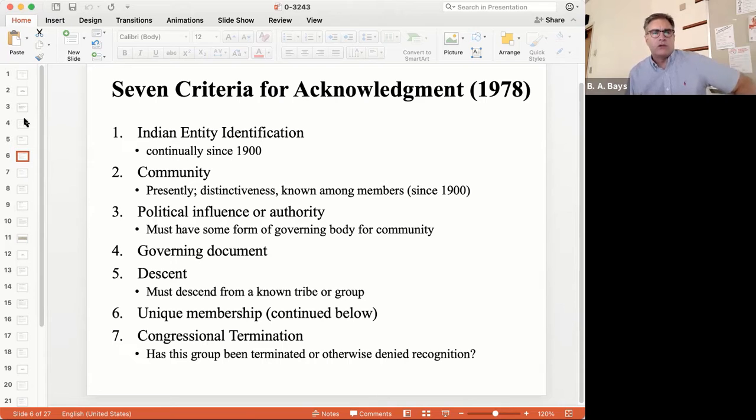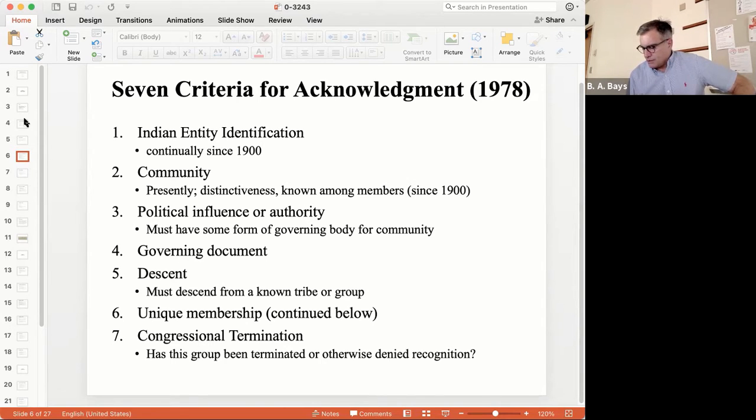Okay, so an Indian entity identification. In other words, there has to be some tribe or band or clan or whatever, a town. Those are all possibilities. There has to be some sort of a social organization that can be identified, and usually with a name.